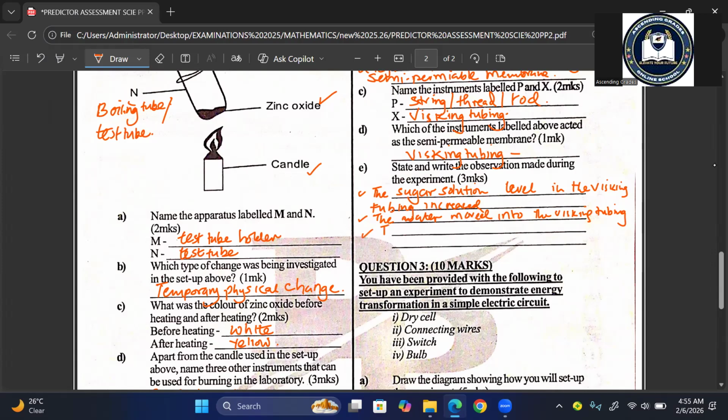Or the tubing swelled. So those are just the expected observations.